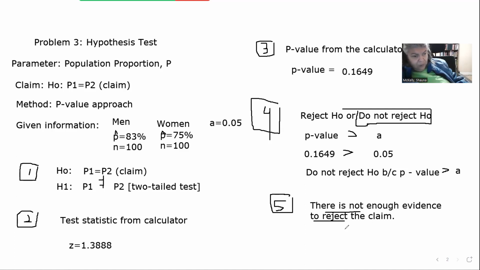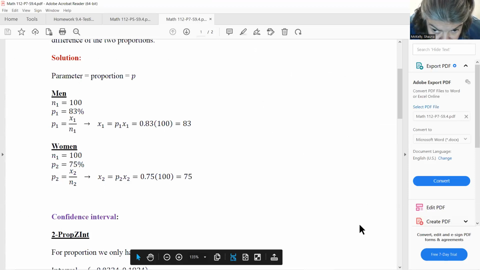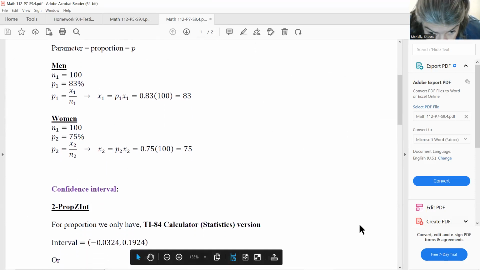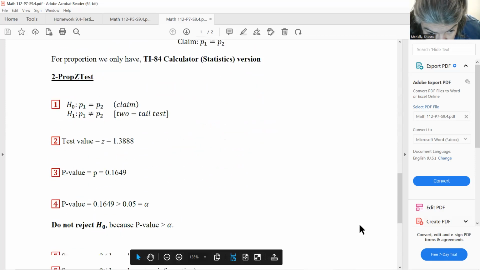That doesn't require too much more work, but your hypothesis test needs to show these things here. Okay. So let me start something at this point. There's my numbers. Okay. And scroll down.